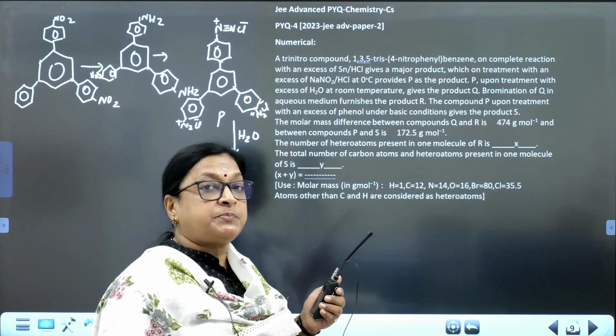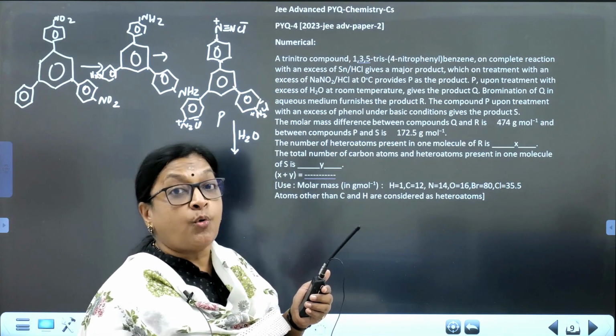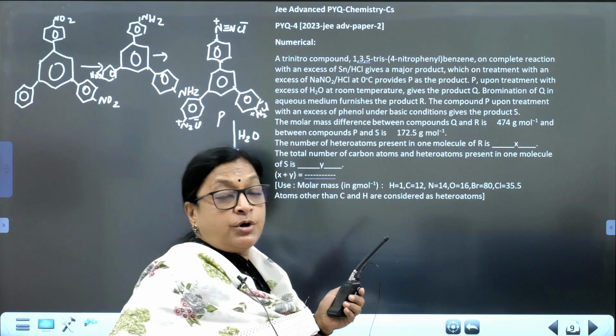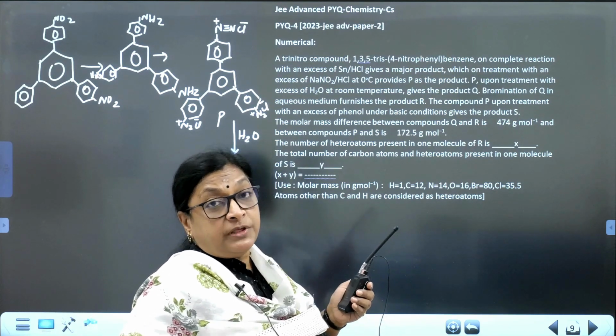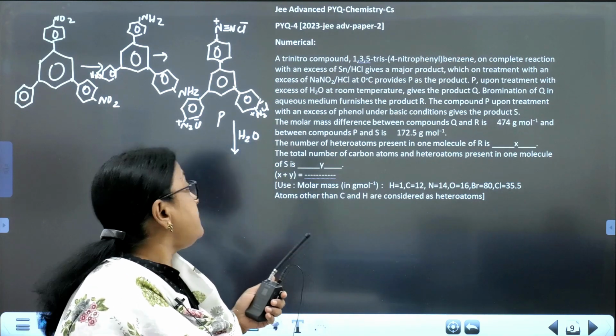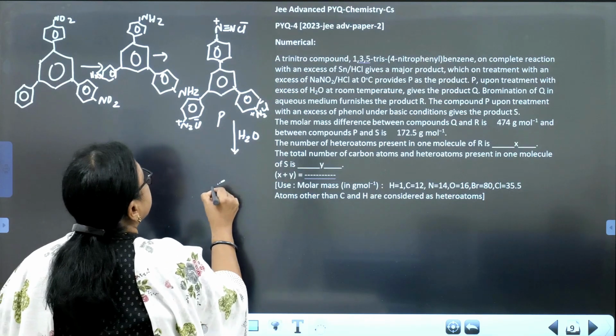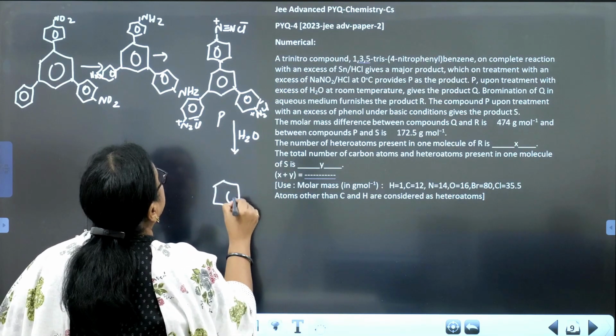From there H plus is eliminated and you will get an OH group there. Phenol will be the product formed. Benzene diazonium chloride when treated with water at room temperature gives phenol as the product. So all the three groups will become phenolic groups now.